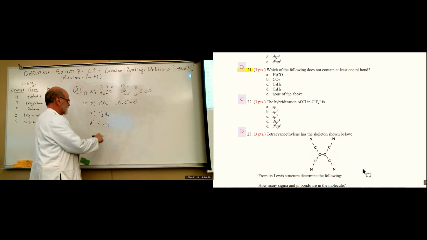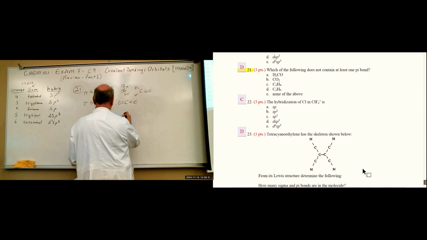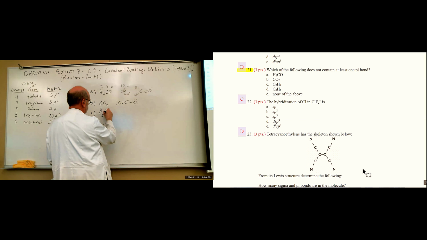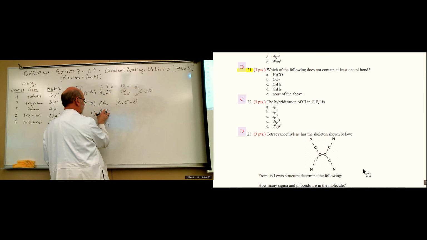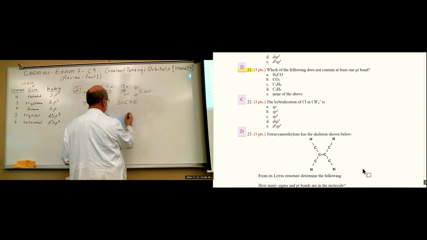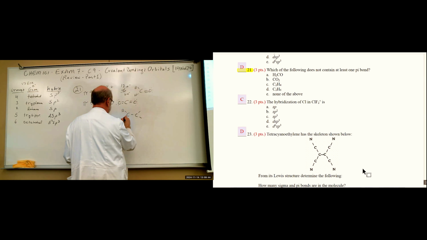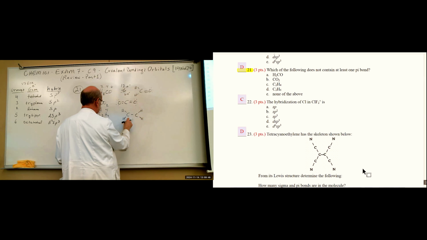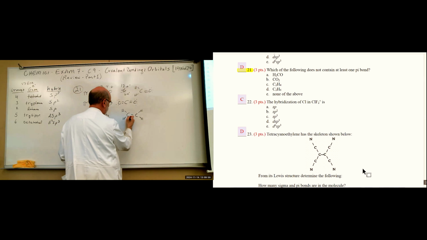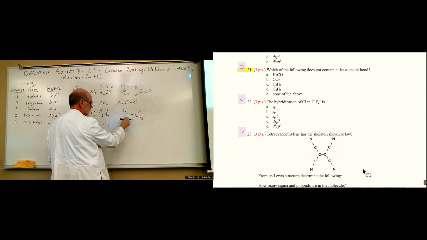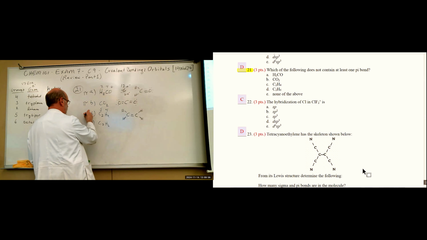Okay. How about this one? Let's see. 2 times 4 is 8, and 4 times 1 is 4. So that's 12 electrons. 2 carbons, 4 hydrogens. 2, 4, 6, 8, 10, 12. We need to make an octet for those carbons, like that. That's got a pi.